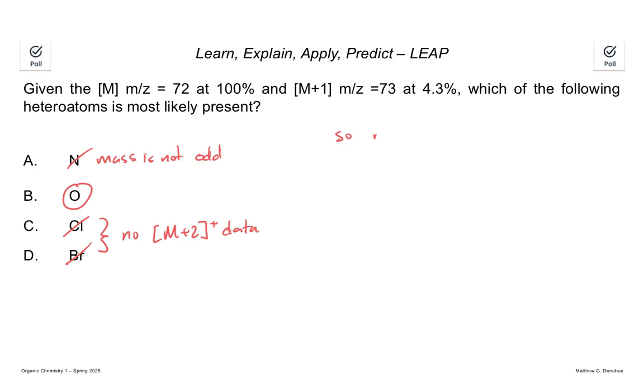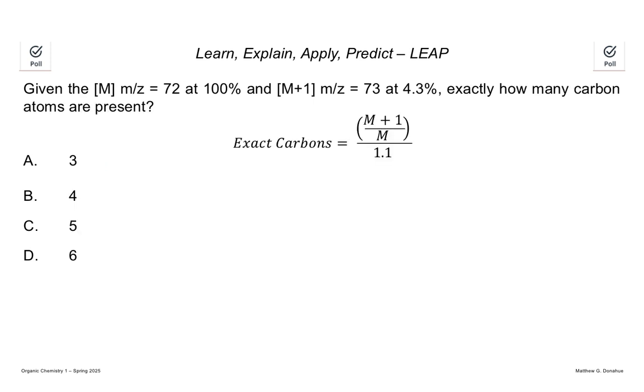So we can conclude that the 72 has carbon, hydrogen, and oxygen. Now we can shove those percentage numbers in there.